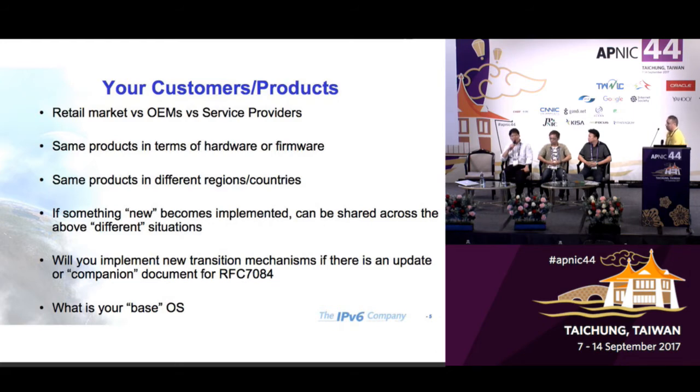However, not until 2012 did we enable IPv6 by default. Today, you can see all of our router devices across the world. I believe I'm answering number 2 and number 3 together. Anywhere in the world, as long as there's a D-Link product, you shall see IPv6 enabled by default.